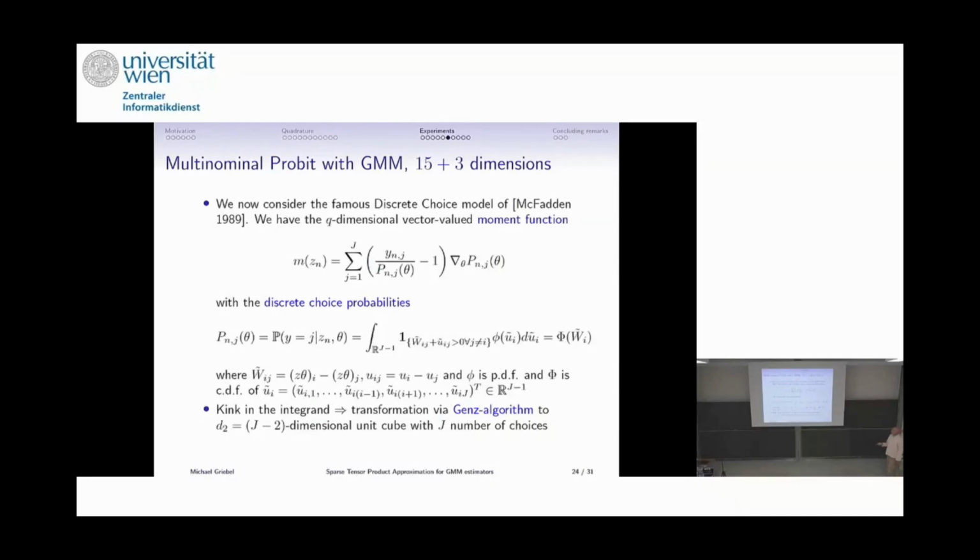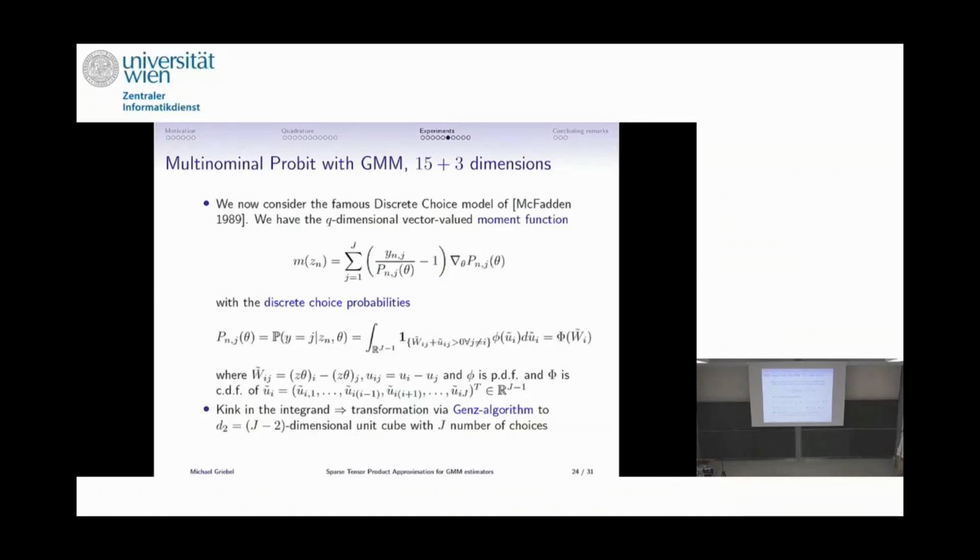And people know what to do. If you are familiar with integration, you know the GHK algorithm. It boils down to a transformation. It reduces the dimension to J minus 1 and gives you on the unit cube a new integrand. We have to apply this GHK transformation for this problem to get rid of this kink.